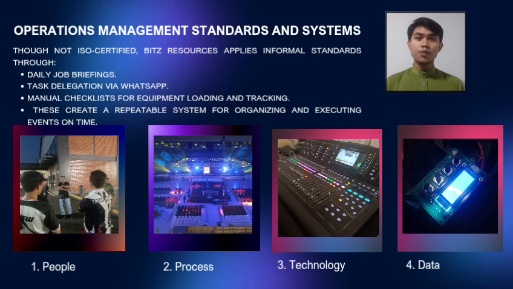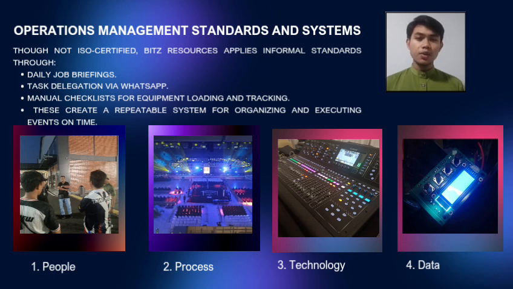First thing first is operation management standard and system. Even though the system that Biz Resources uses is not ISO certified, Biz Resources applies informal standards through, first one, daily job briefing, where we explain to our staff about what we will do today. Second, task delegation via WhatsApp.